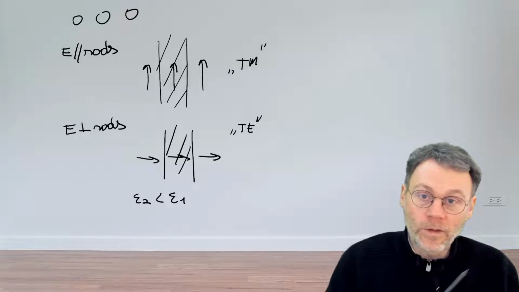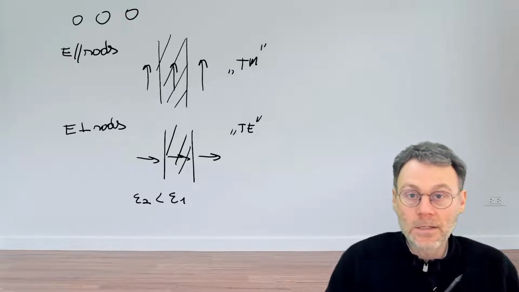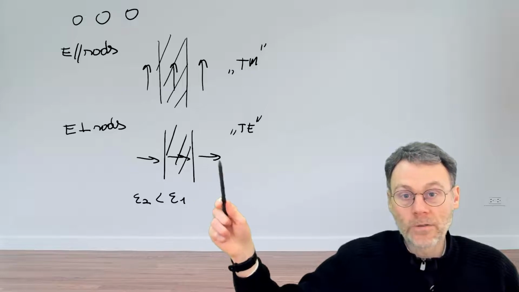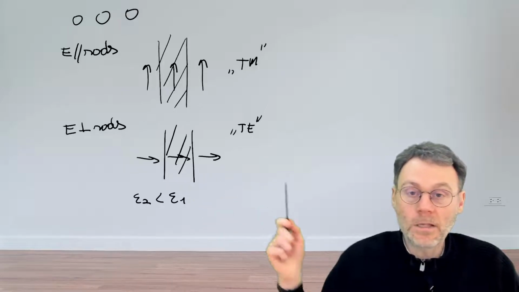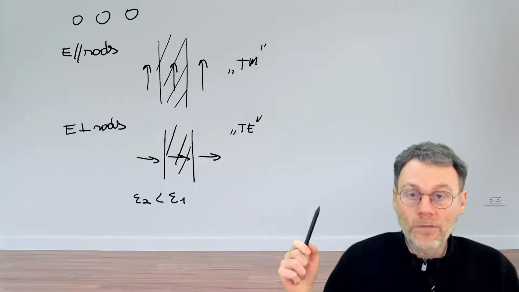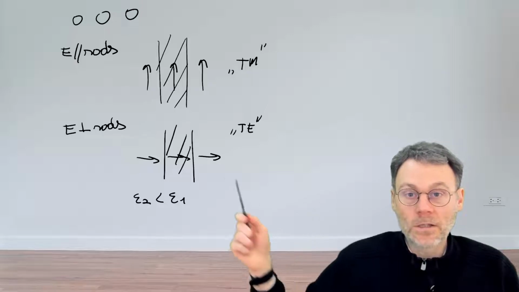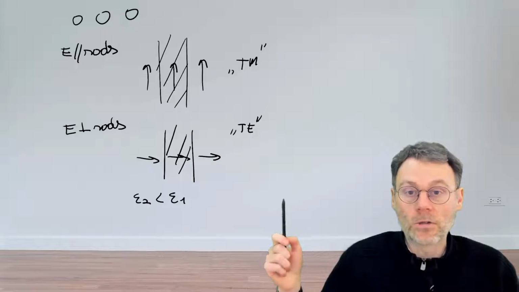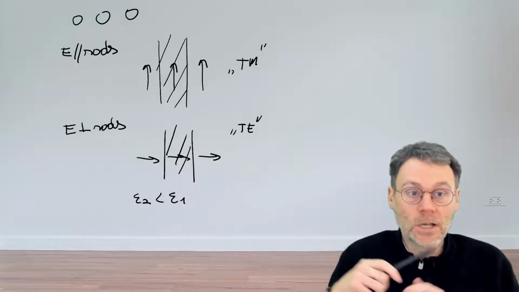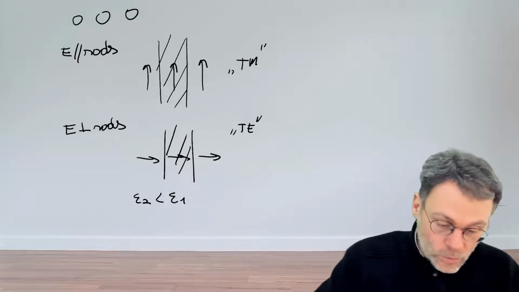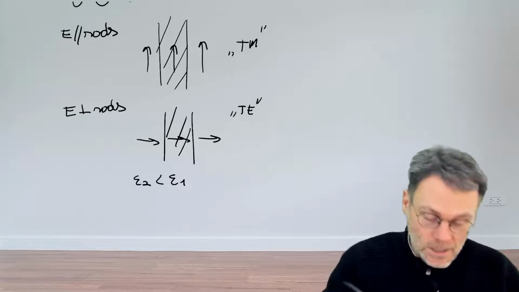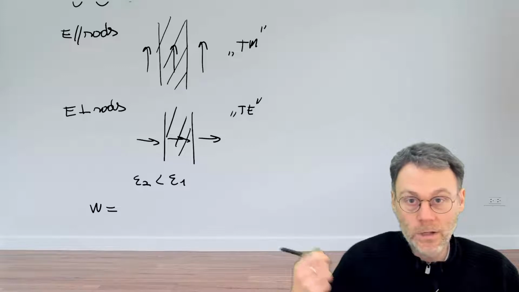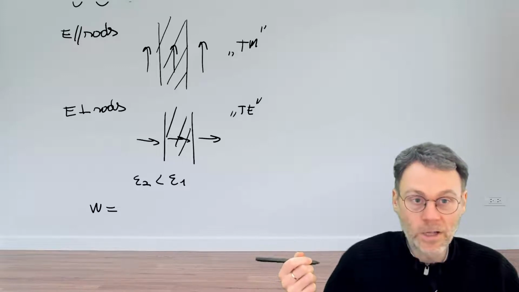What we're now trying to figure out is if we look at the electrical energy on both sides of the interface between the two media here, will you have the situation that the electric field is more concentrated inside the rods or in the air between the rods, depending on the polarization. So what we need to calculate is the electric energy. So let's call that W, because we already used E for the electric field itself.